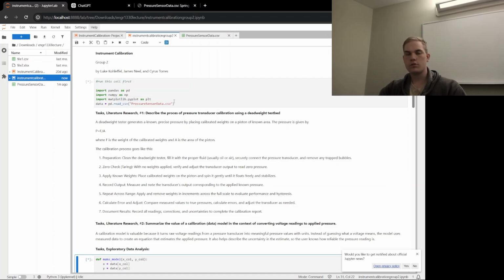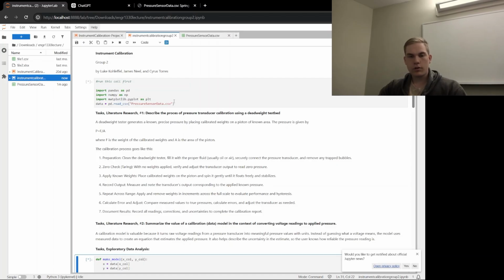Five, we repeat across the range to make sure that we have precise and accurate numbers. Six, we calculate error and adjust, comparing measured values to true pressures, calculating errors, and adjusting the transducer as needed. Seven, we document the results, recording all readings, corrections, and uncertainties to complete the report.